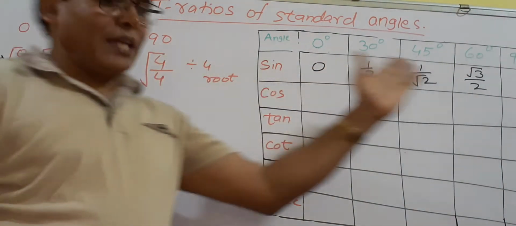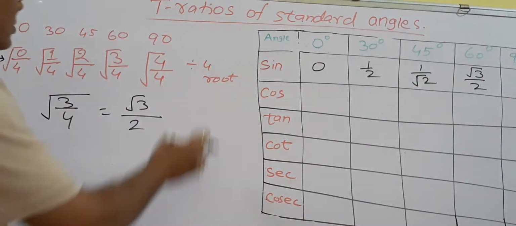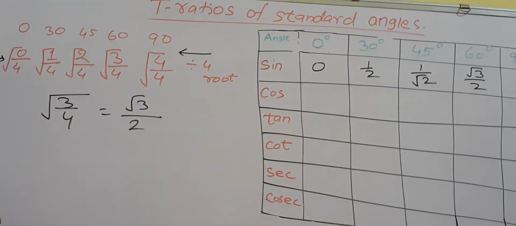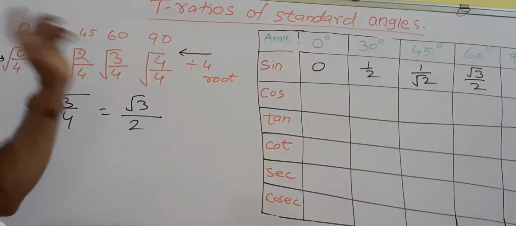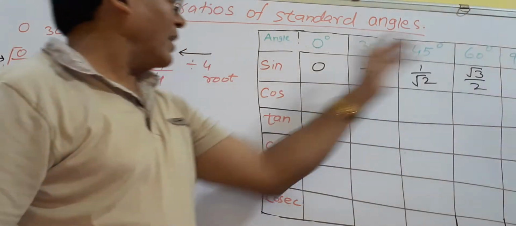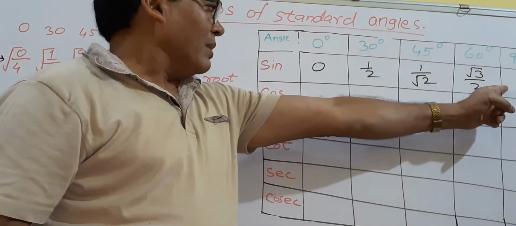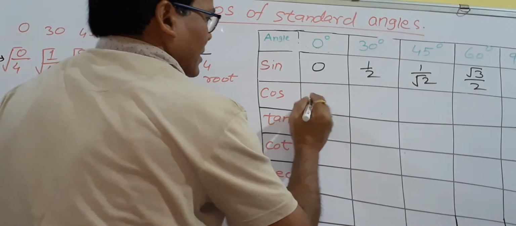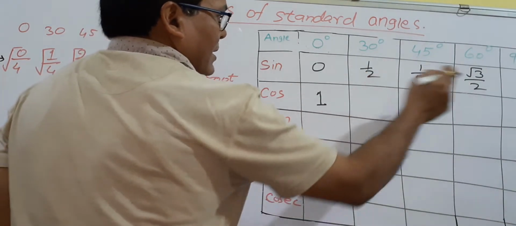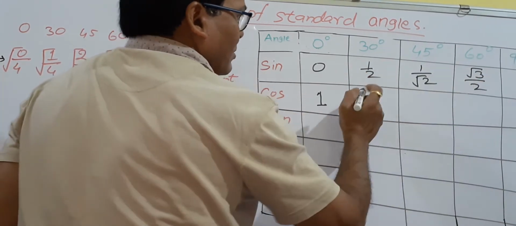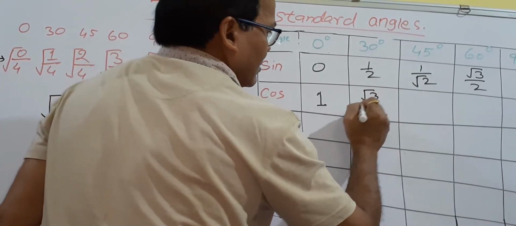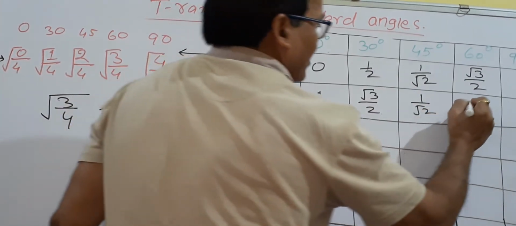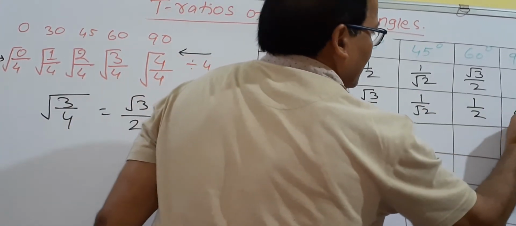After getting the sine values, for cos values you can move in reverse order. From this side you will get the cos values. Cos 0 will be sine 90. After completing one row, for cos, the last becomes first. Here will be 1, the second last will be root 3 by 2, then 1 by root 2, 1 by 2 and 0.